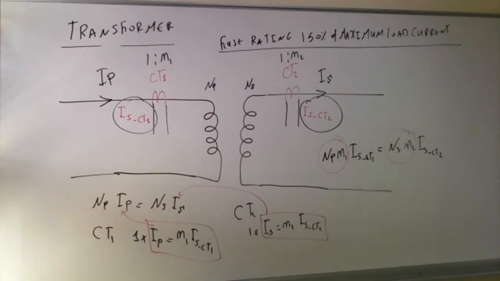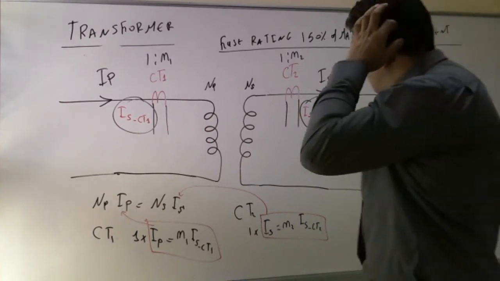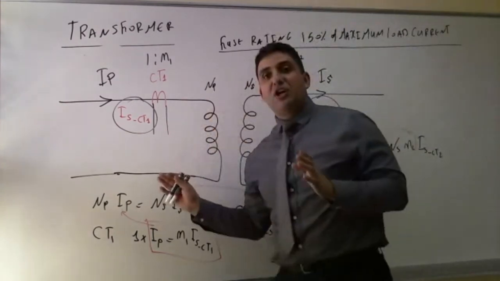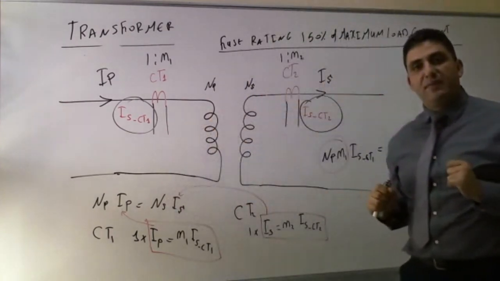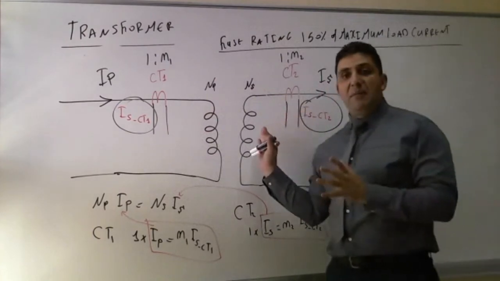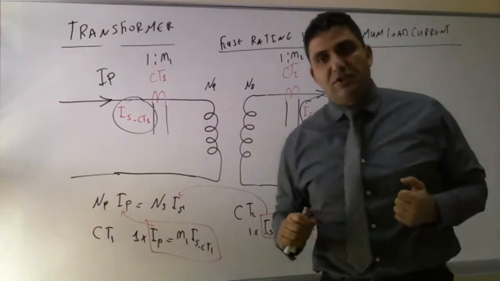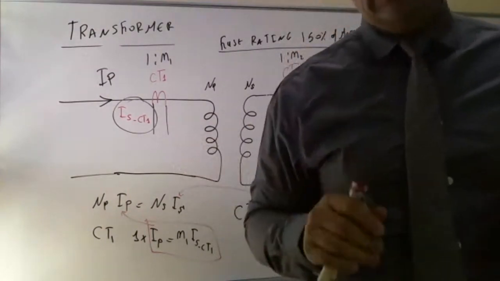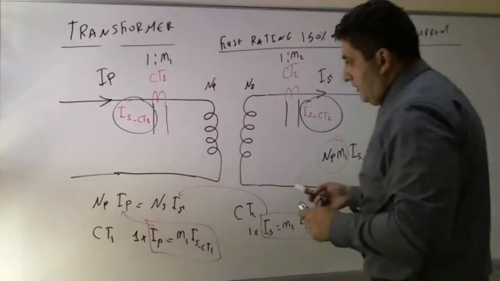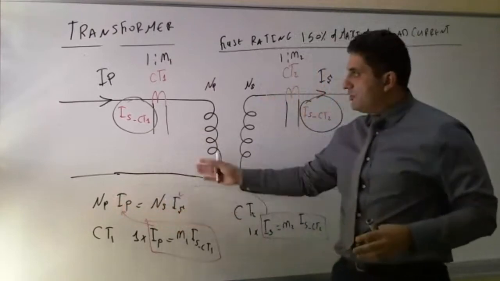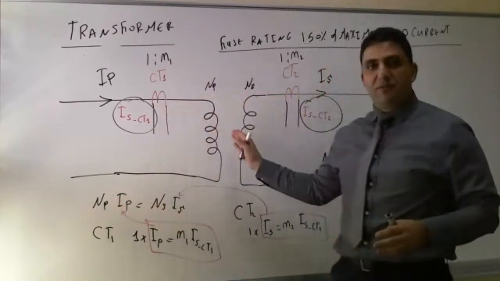Is that clear? Guys, I really strongly recommend you to go and read the book, chapter 8, the beginning of it. Because this is gonna make the foundation for us when it comes to 3-phase transformer protection using differential. So please go back and revise the relationship between primary, secondary of the transformer.